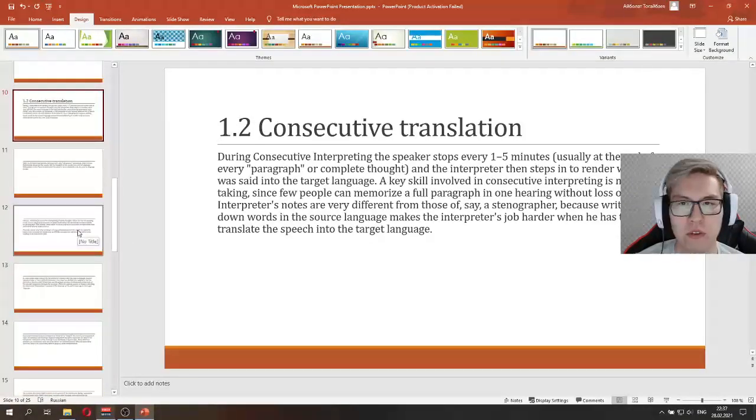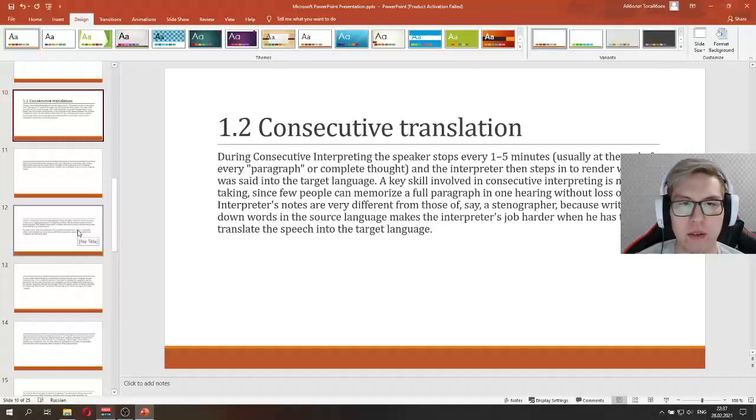Now, consecutive translation. During consecutive interpreting, the speaker stops every 1 to 5 minutes, usually at the end of every paragraph or complete thought, and the interpreter then steps in to render what was said into the target language.